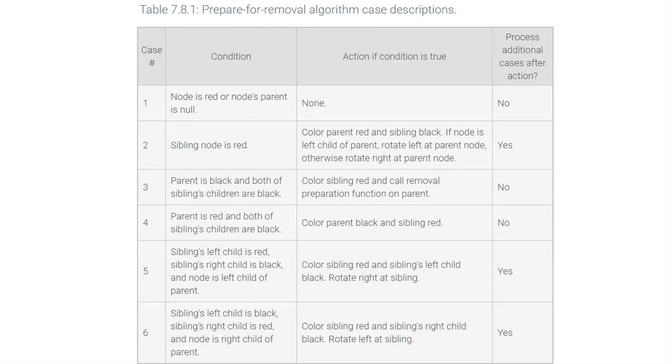For case 6, if the node sibling's left child is black, the sibling's right child is red, and the node we're deleting is the right child of the parent, we then color the sibling red and the sibling's right child black, doing a left rotate on the sibling, and then keep checking for cases.